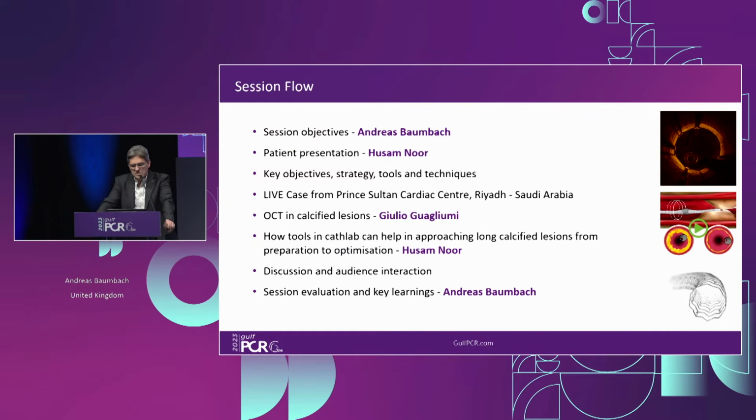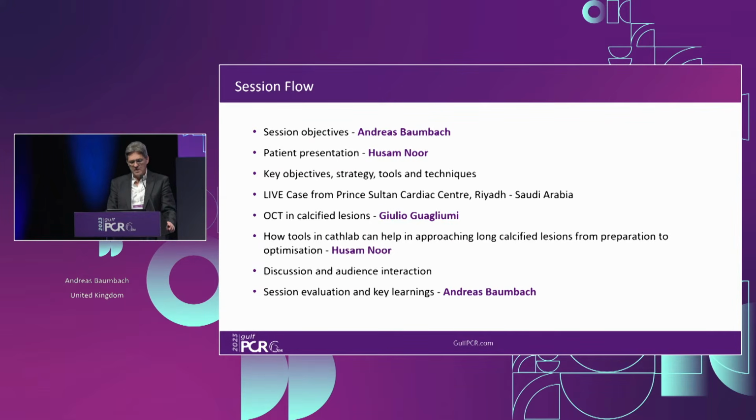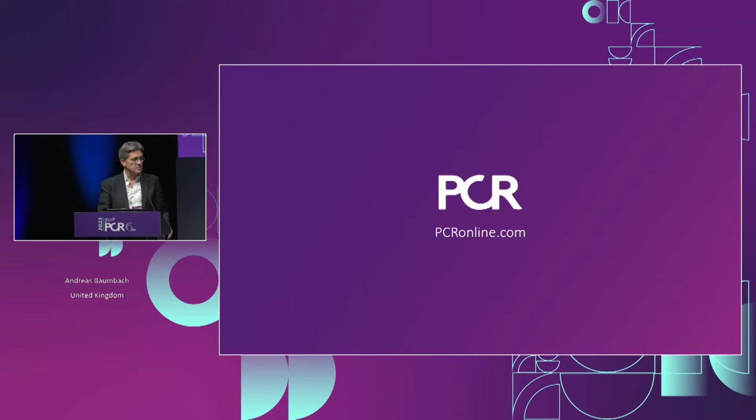I've seen those talks and they are spectacular, really. We'll have a short discussion and audience interaction at the end, so collect your questions. It's important because they will be having a short time at the end of the session. With that said, I'll hand over to Hussam Noor for the patient presentation.